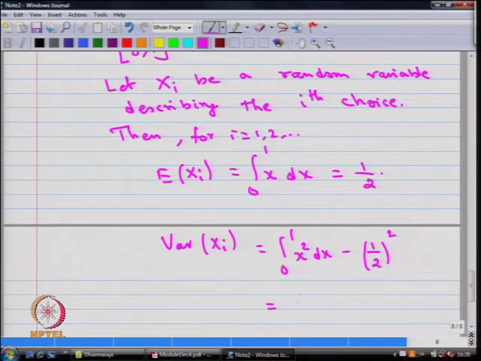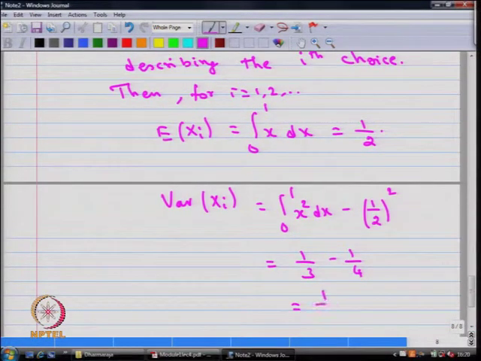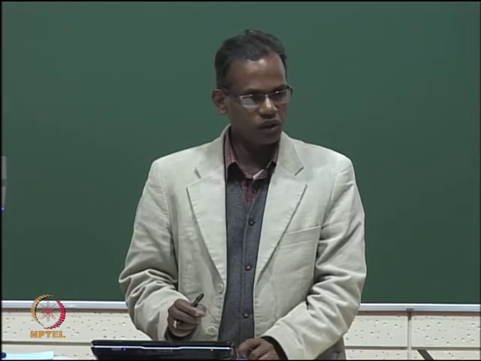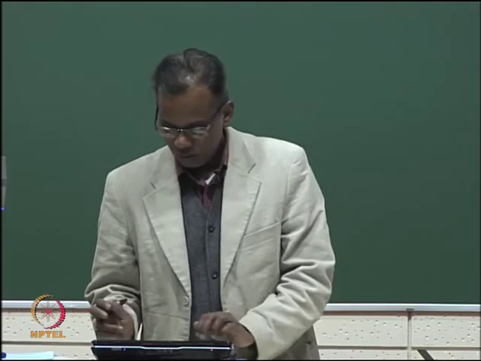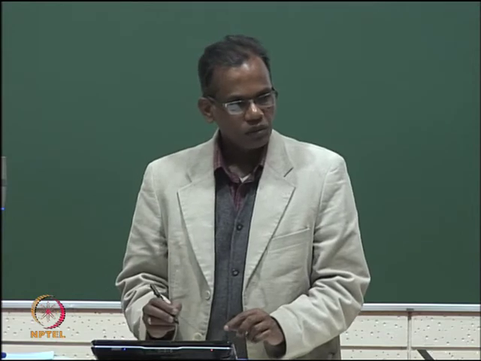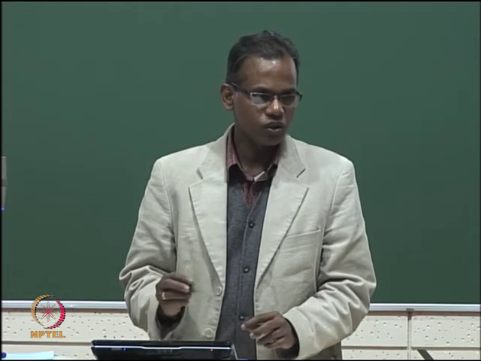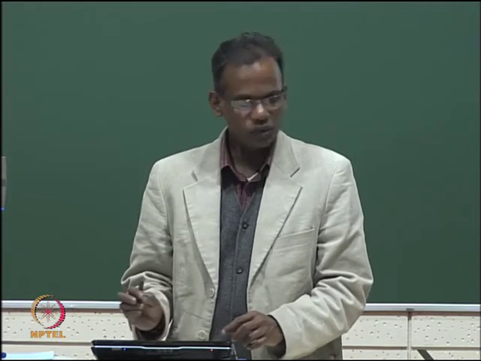If you evaluate this quantity, that is 1 by 3 minus 1 by 4. So, if you simplify, you will get 1 by 12. If you remember the formula of variance of a uniformly distributed random variable between the interval a to b, then by substituting a equal to 0 and b equal to 1, you will get 1 by 12.